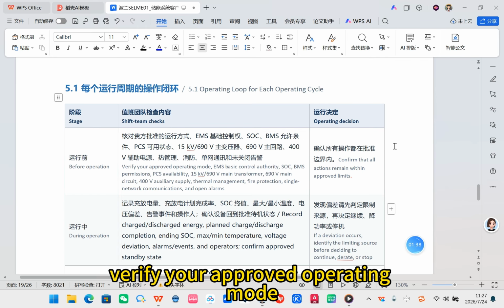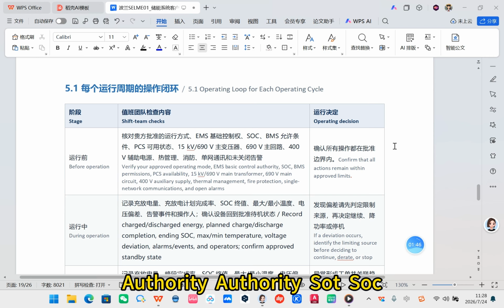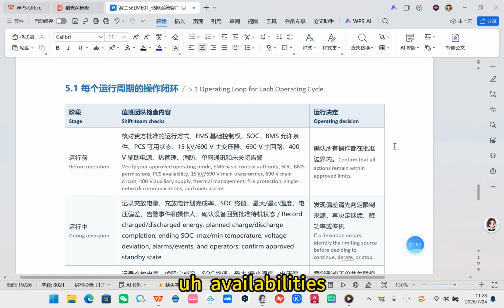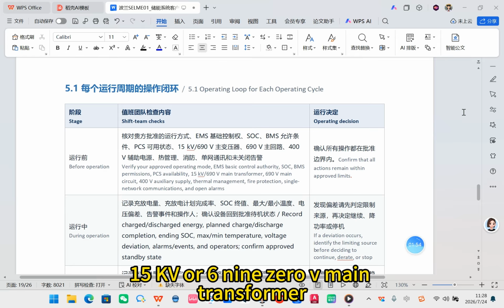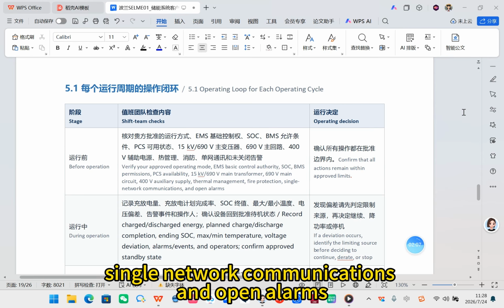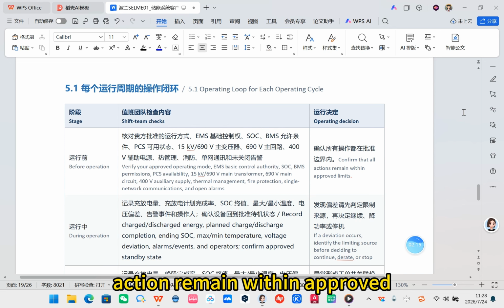Before operation, verify your approved operating mode, EMS basic control authority, SOC, BMS permissions, PCS availability, 15 kV or 690V main transformer, 690V main circuit, 400V auxiliary supply, terminal management, fire protection, single network communications, and open alarms. Make sure that all actions remain within approved limits.